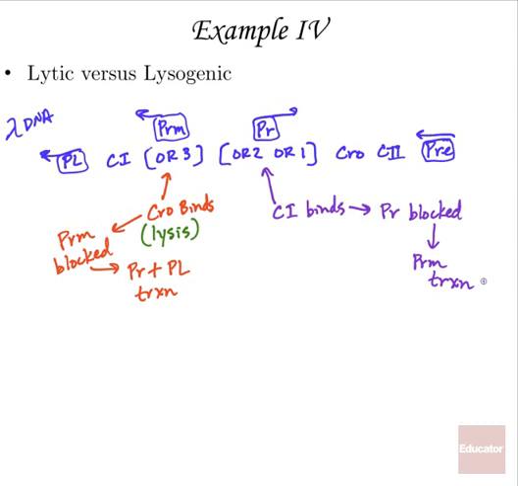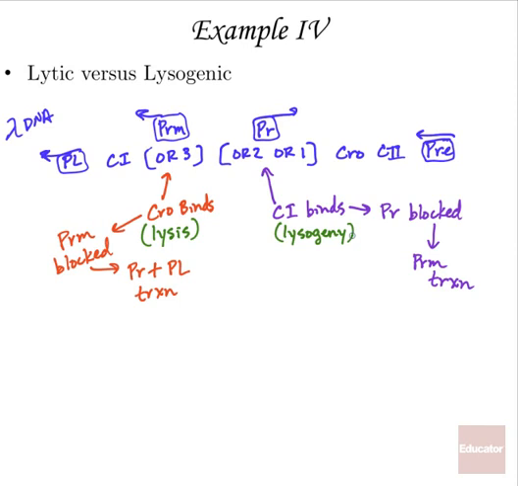This will lead to lysogeny, so entering into the bacterial DNA. Now, why would this occur?